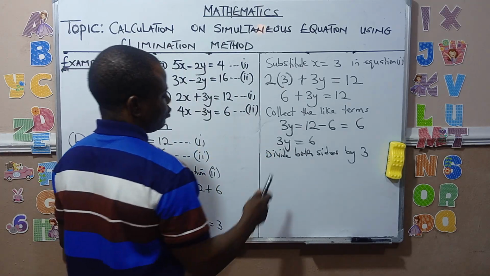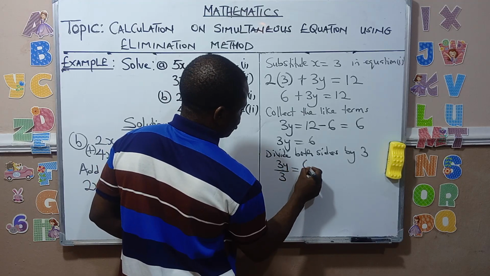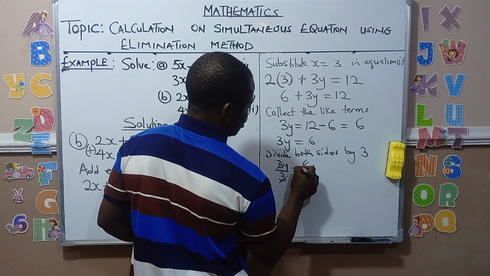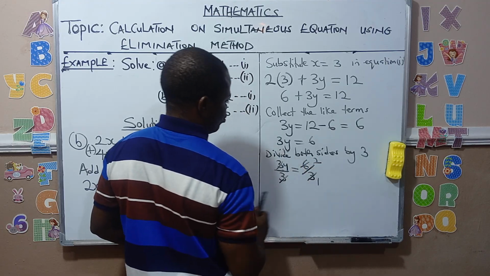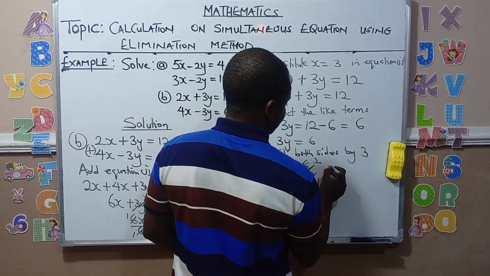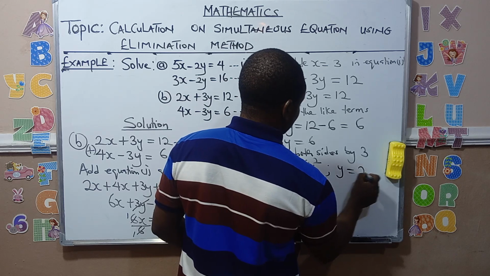When you do that, you have 3y over 3 equal to 6 divided by 3. 3 cancels 3, 3 and 3, 1. 3 and 6, 2. Therefore, our y equals 2.